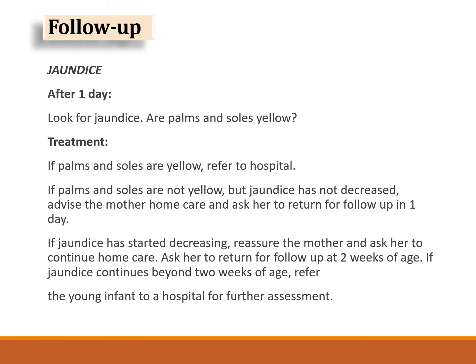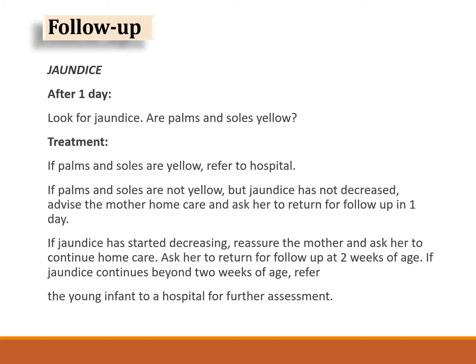And jaundice. After a day, you do daily follow-up. Look for jaundice. Are the palms and soles now yellow? If the palms and soles are yellow, refer to the hospital. However, if the palms and soles are not yellow, but jaundice has not decreased, advise the mother on home care and ask her to return and follow up in a day.